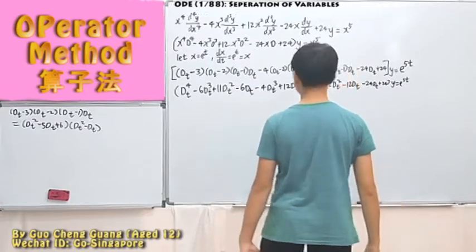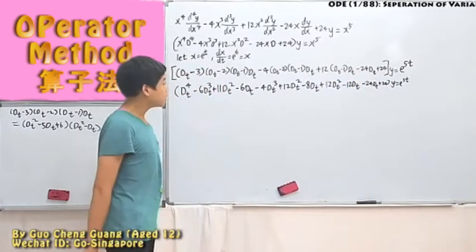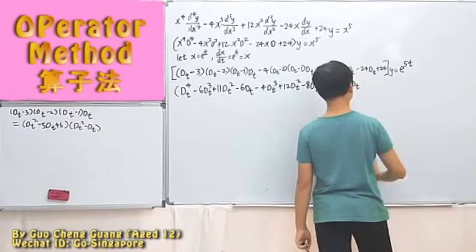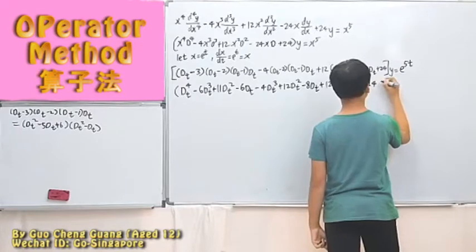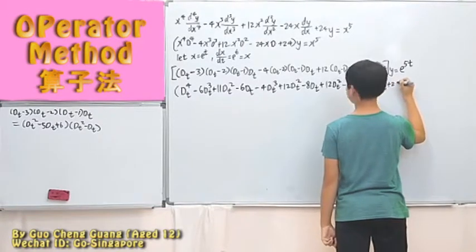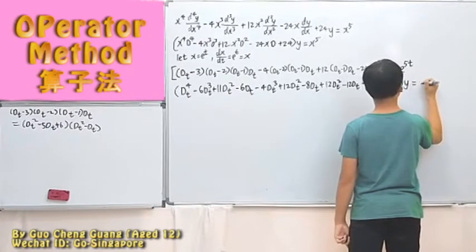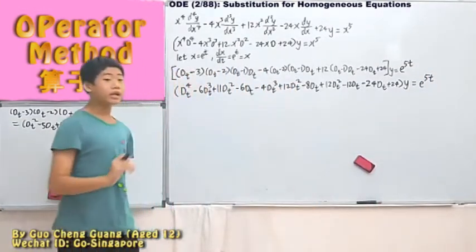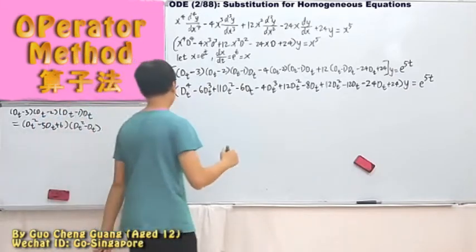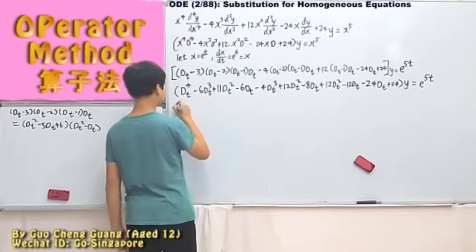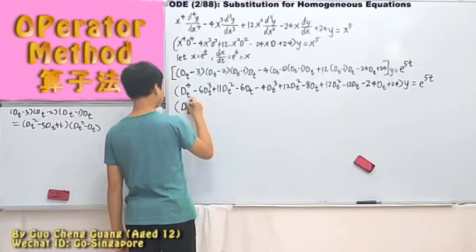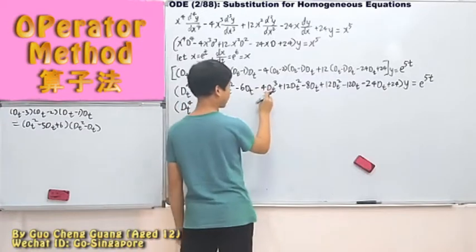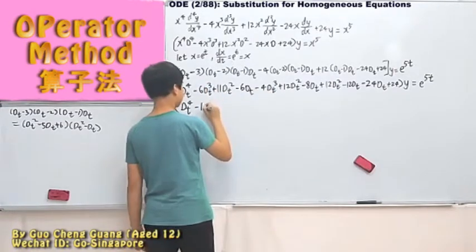Okay, let's see. So this is the part. Wait, let me just write this part below. After that, we find anything else that we could combine together. For dt to the power of 4, we don't have any others. For dt cubed, we have a negative 6 and negative 4, that makes a negative 10.